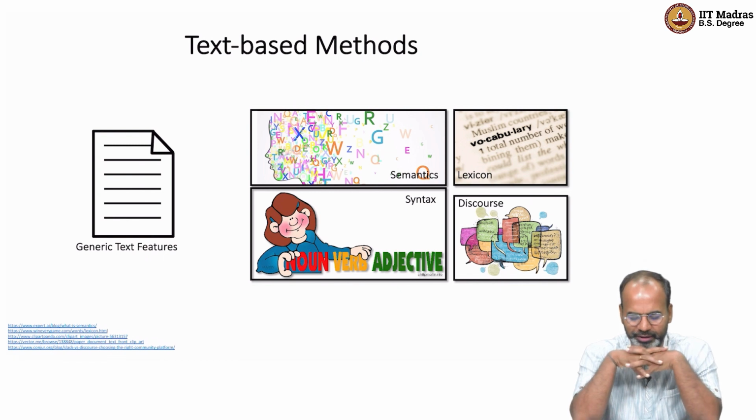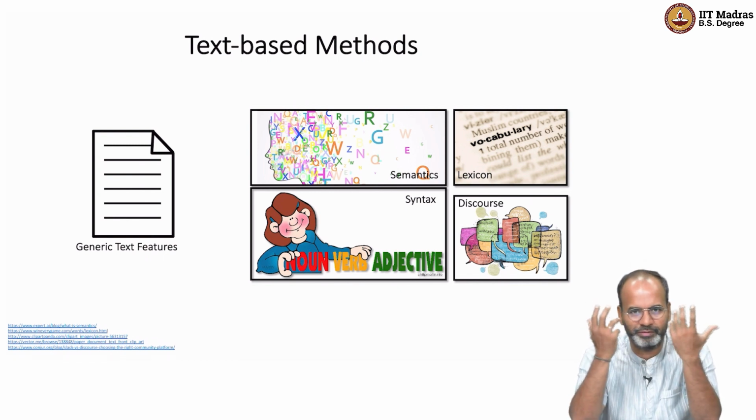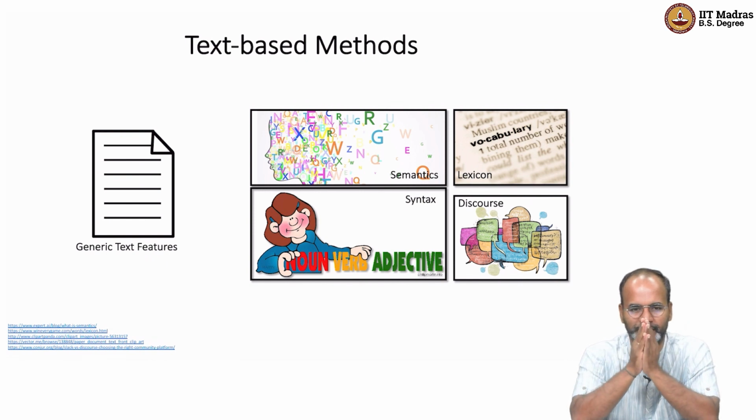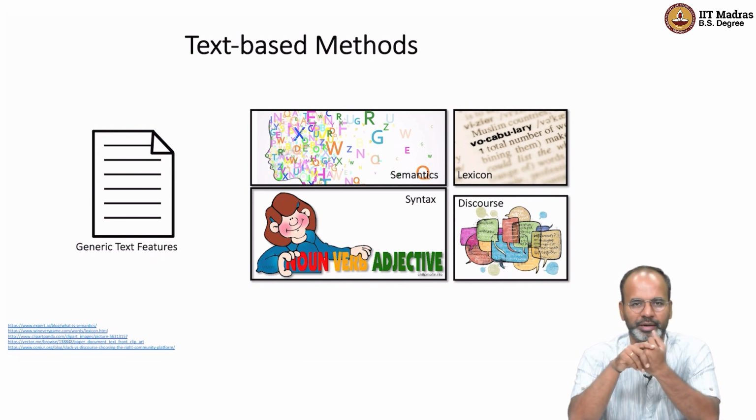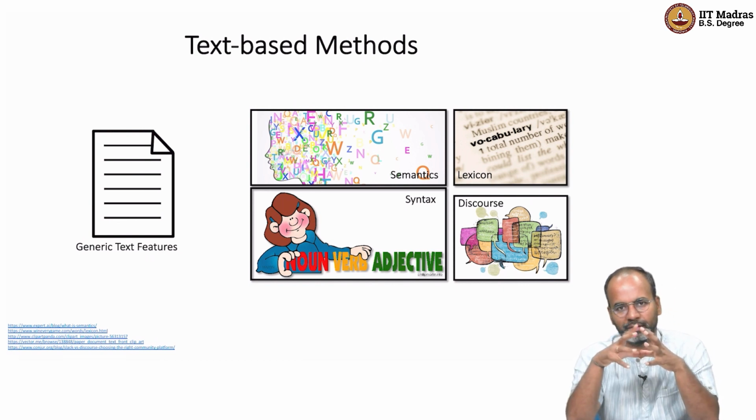So text-based methods. I've been repeating this over the course: in social media, you generally get access to text, account, profile, network, images, which can be embedded in text also. Text meaning the content.